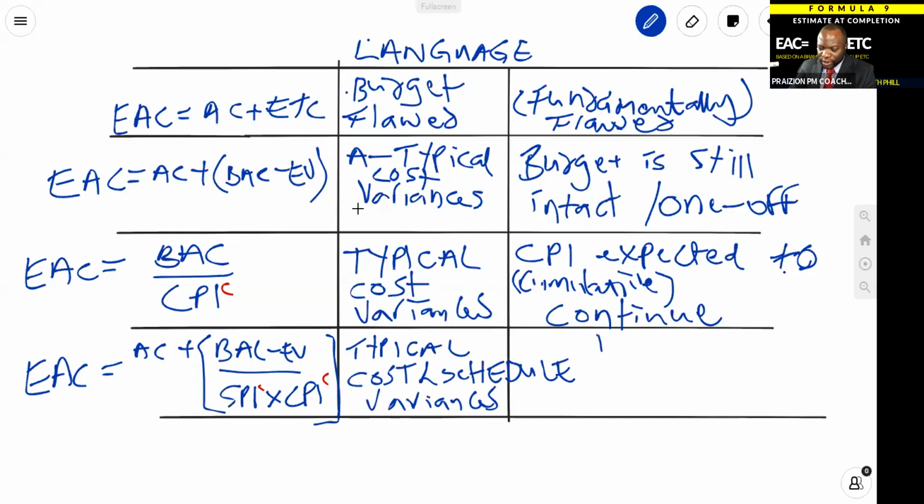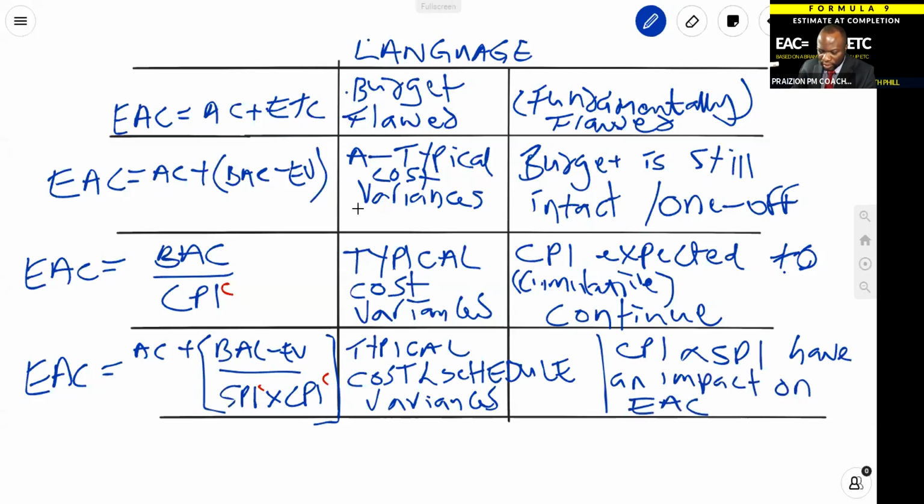Another language that you may get is CPI and SPI have an impact on the EAC. All right? So I know we spent some time on it, but it's worth having this language for one or two questions that you may encounter. You never know when you're going to come across a question on this.